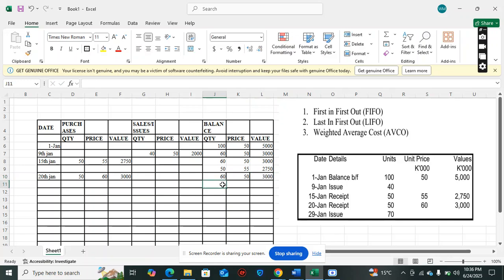You have 50 units valued at 55 kwacha, 2,750. And now you have brought in another 50 units valued at 60 kwacha each, 3,000.